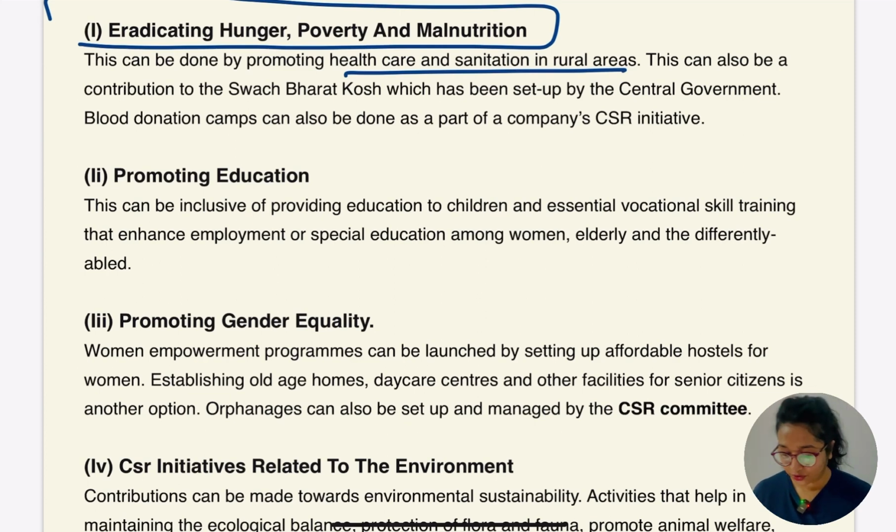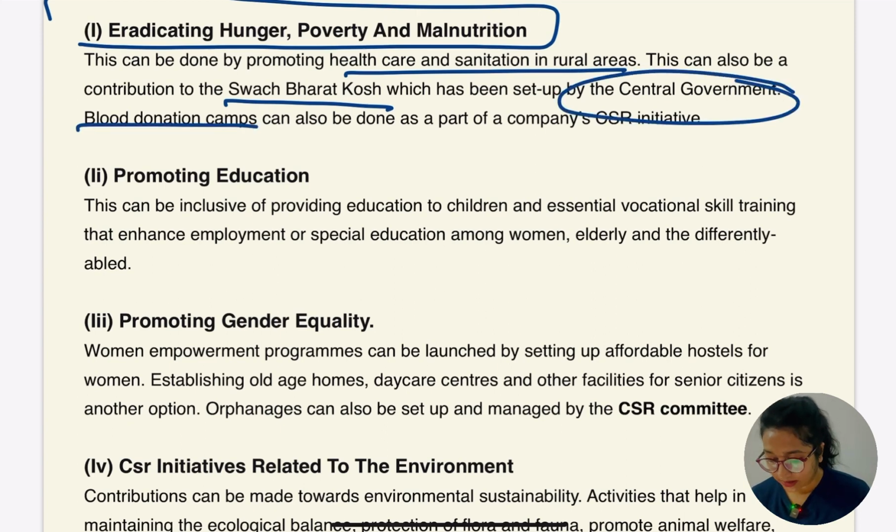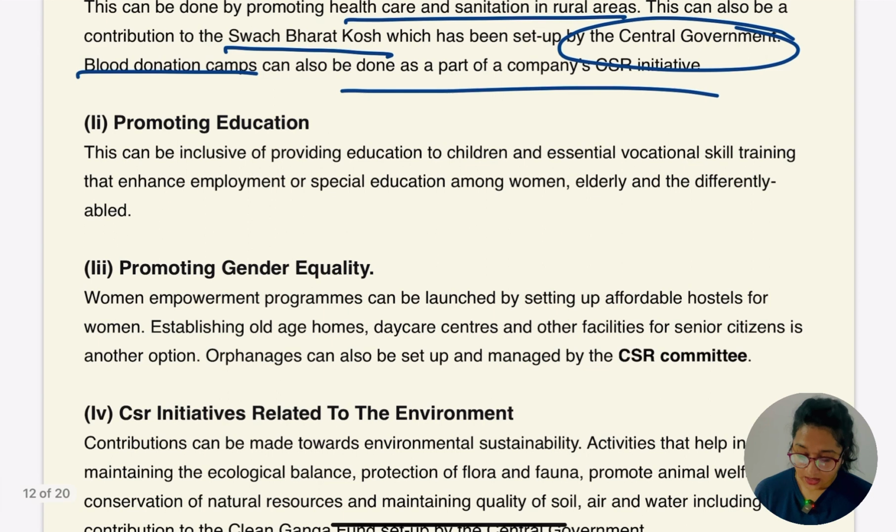So it should focus on the healthcare and sanitation of rural areas. This can also be a contribution to Swachh Bharat Kosh, which has been set up by the central government, or a blood donation camp, and can also be part of the company's CSR activities.